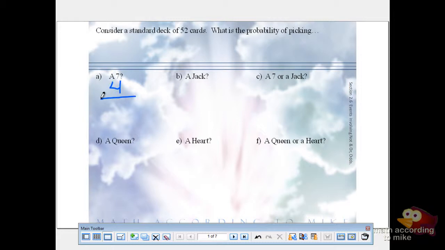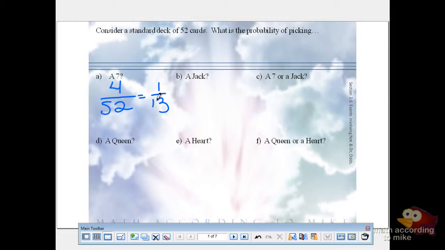Denominator represents the total number of cards in a deck of cards. 52. Done. That does reduce to 1/13, which should make sense because out of the 13 values, only one of them is a 7. So you can think about it that way too.